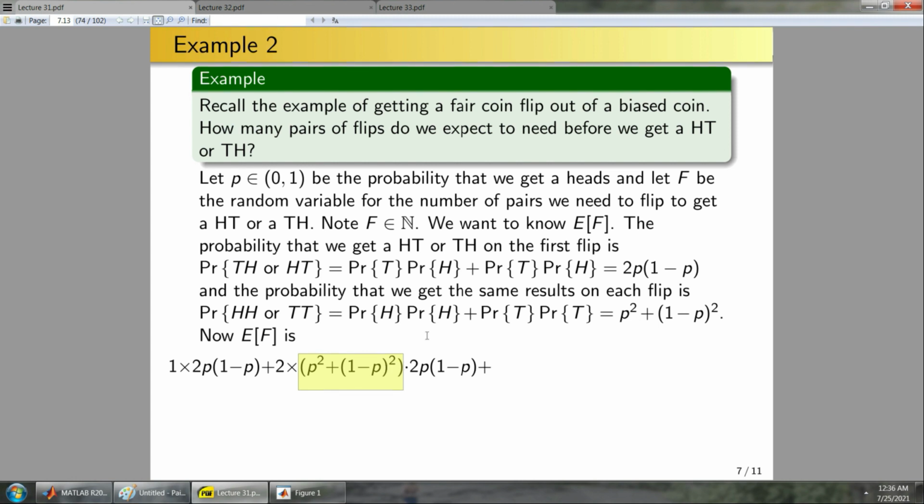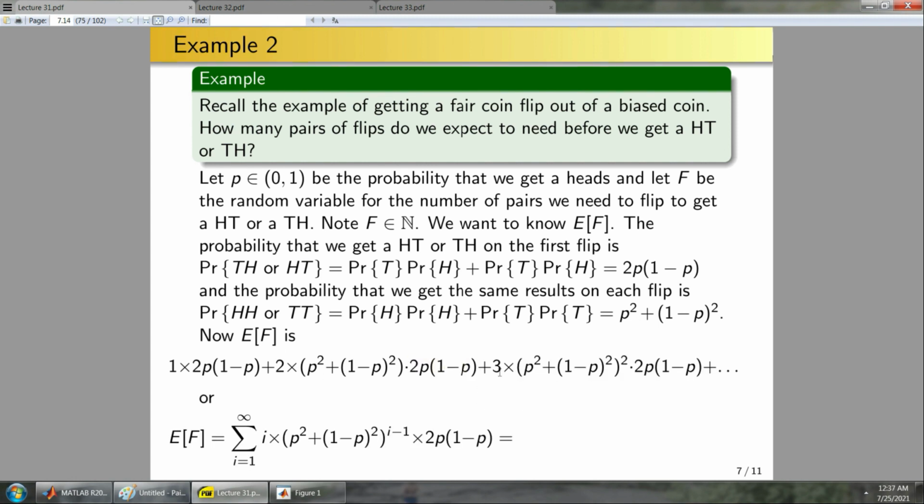And then that needs to be followed by getting a tails heads or a heads tails, so it's followed by this probability here. So I need that product. And then for, say, 3, I would want 3 times, well, I need this to happen twice, so that quantity squared, again, because they're independent, all multiplied by the probability of getting tails heads or heads tails. And this goes on forever.